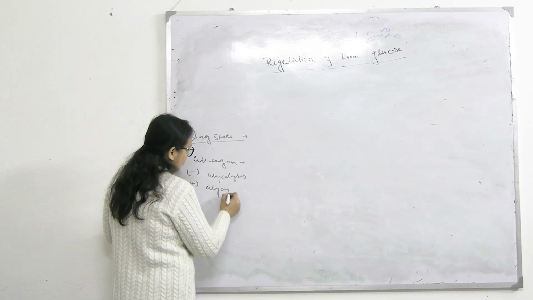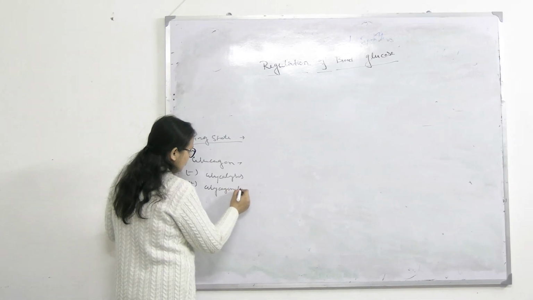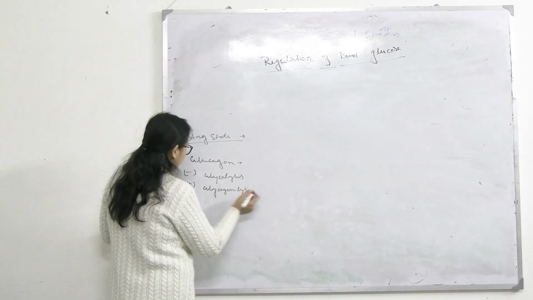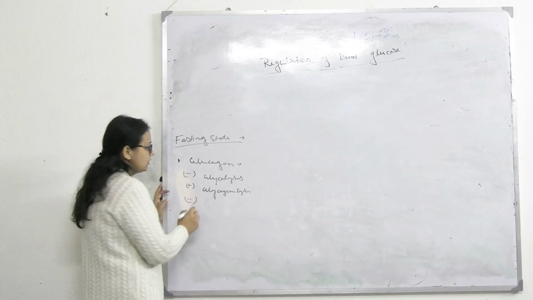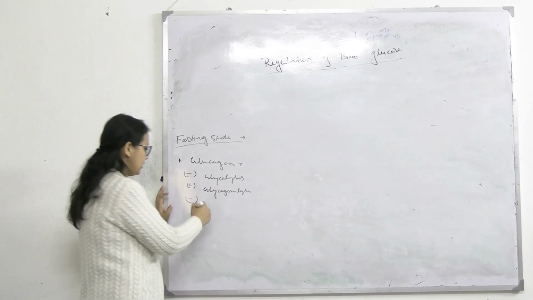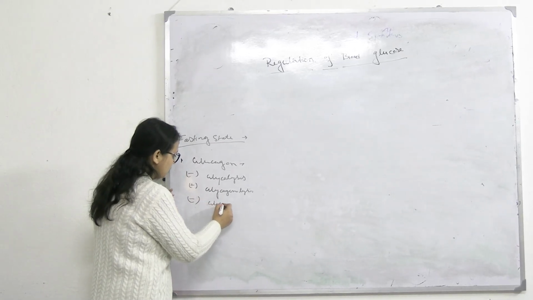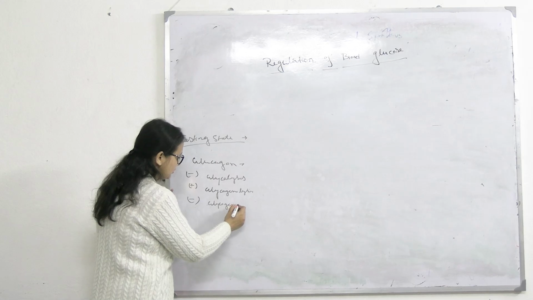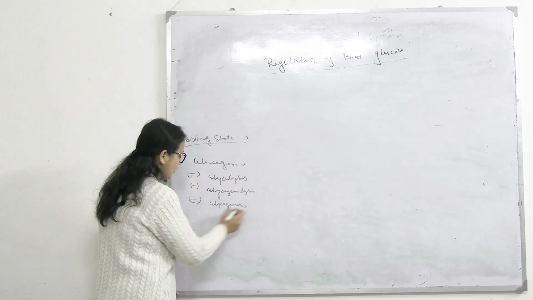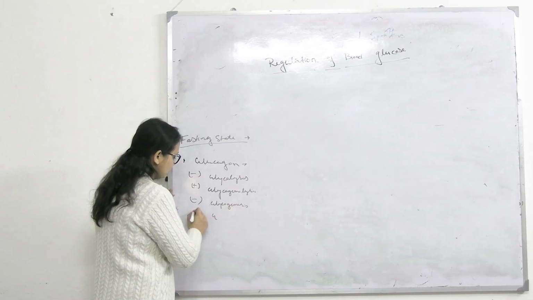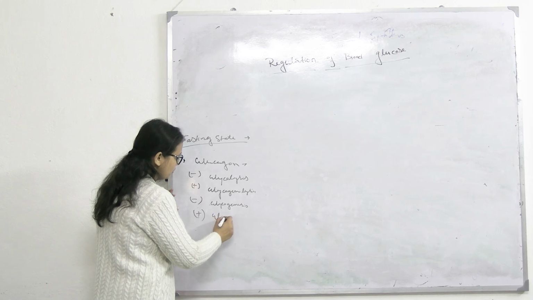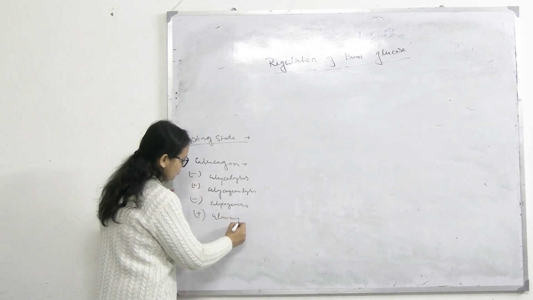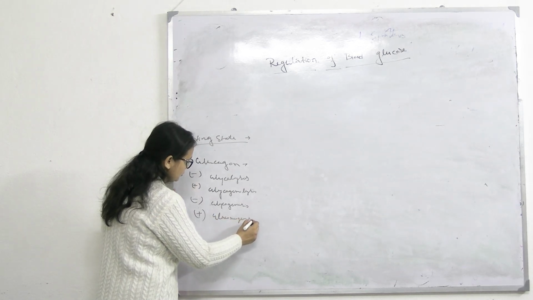There will be inhibition of the opposite, glycogenesis. And there will be activation of gluconeogenesis.